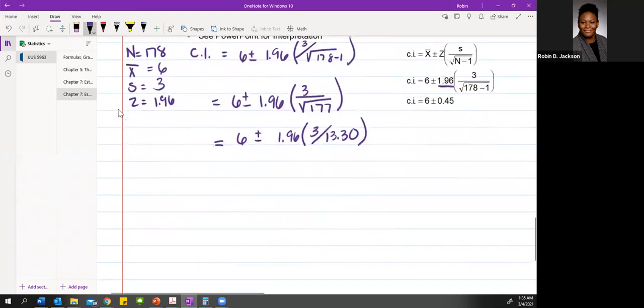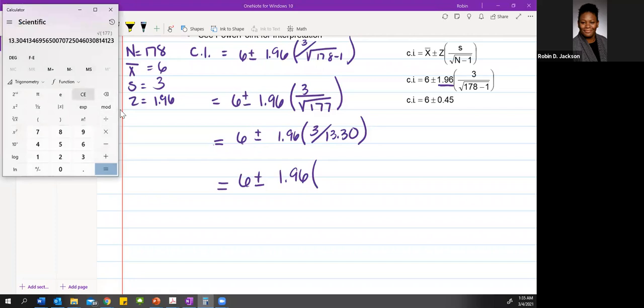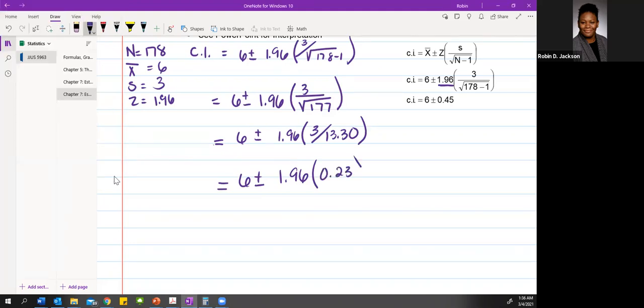Let's scroll down so I have more space. Now we have this being equal to 6 plus or minus 1.96, and let's do the math. 3 divided by 13.30: remember that was 0.23, because we rounded 0.225 up to the next number, 0.23, since we're doing 2 decimal places.